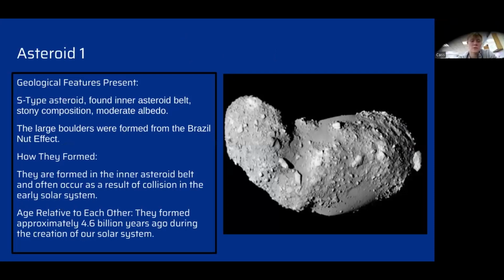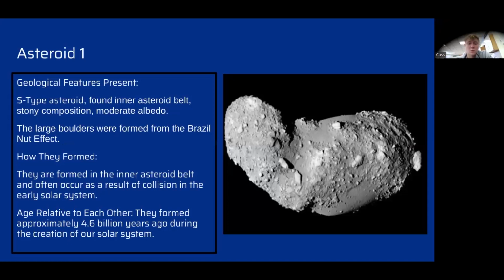This is an example of an S-type asteroid. S-type asteroids are found in the inner asteroid belt, approximately 2.2 AUs from the sun, and they are moderately bright and consist mainly of iron and magnesium silicates.